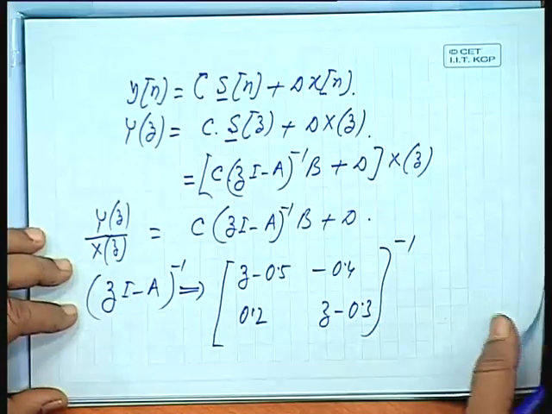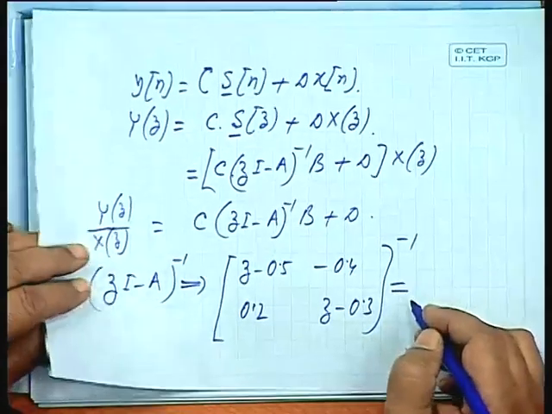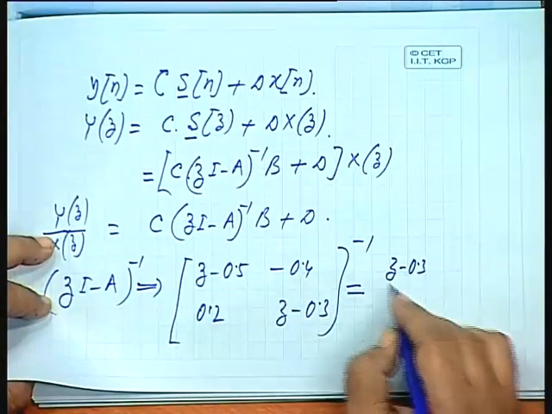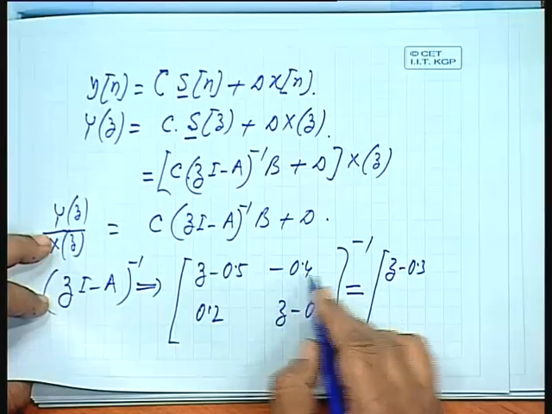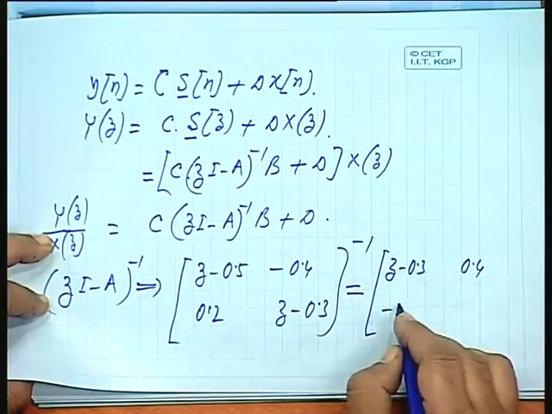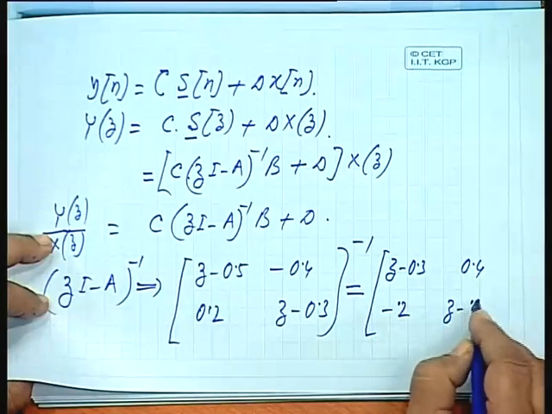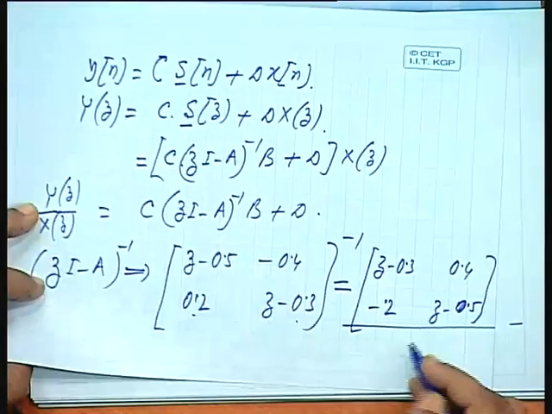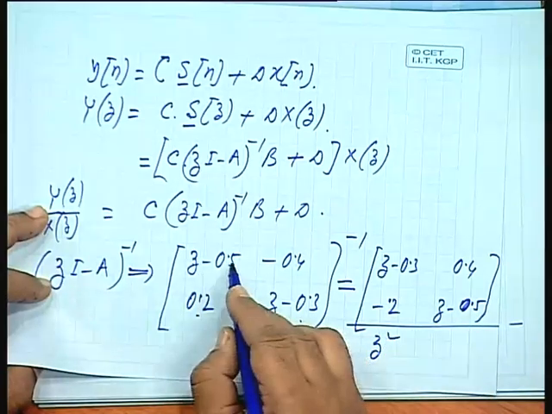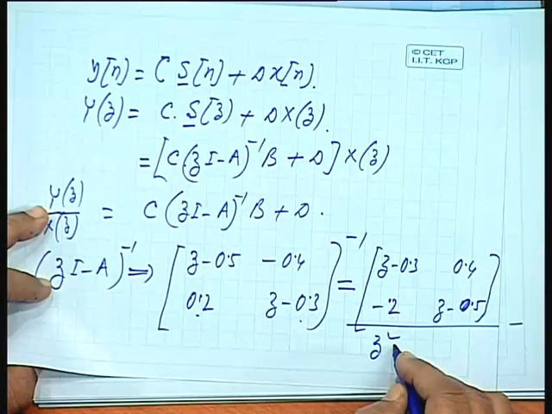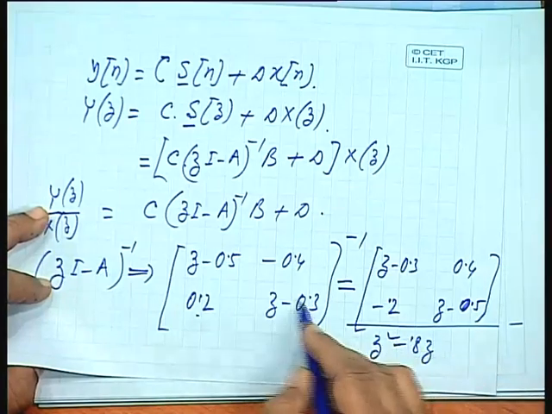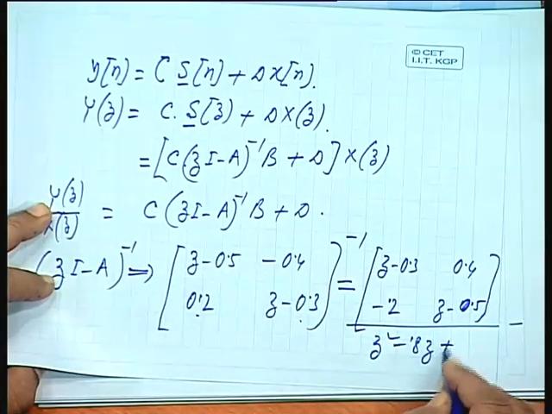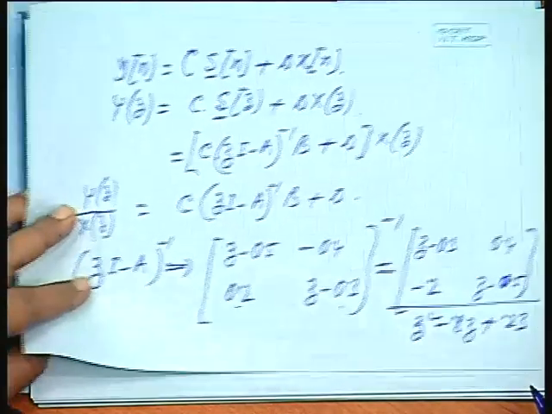So, this comes out as, check if I have made any mistake, Z minus 0.3, and then minus 0.4 will become plus 0.4, this will become minus 0.2 and this will become Z minus 0.5, and that divided by Z square minus 0.8 Z plus 0.23. Correct me if I am wrong, is that all right?